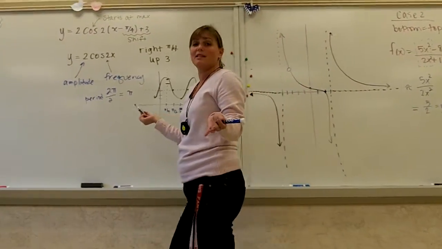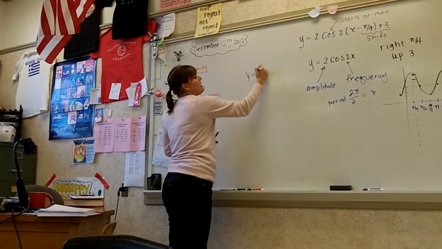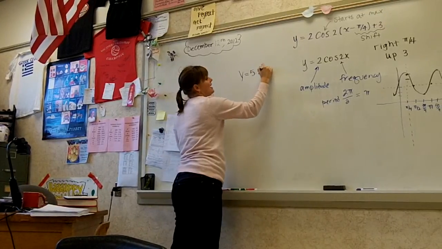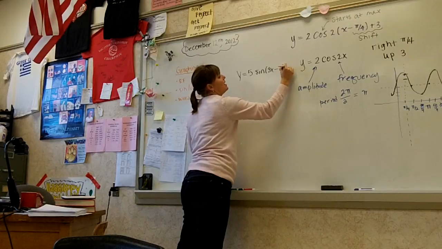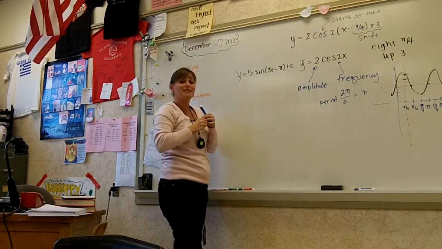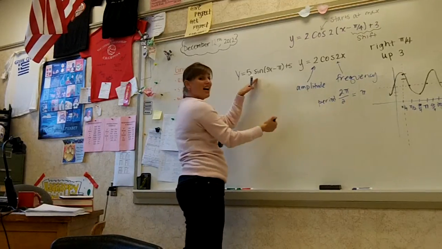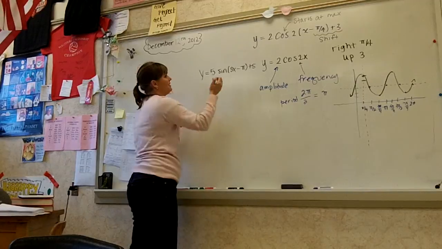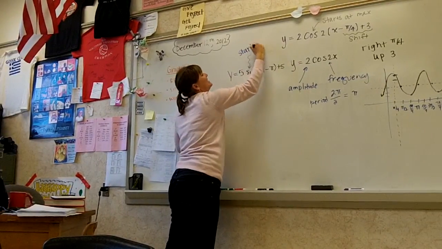So the only thing that's really going to change on the test is maybe you're going to end up with something like 5 times the sine of 3x minus pi plus 5. Okay, so the only thing that's different about this graph, everything else is exactly the same, but the sine, remember, starts at the... That's right, it starts at the origin.